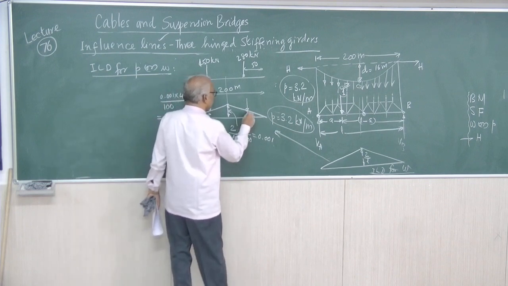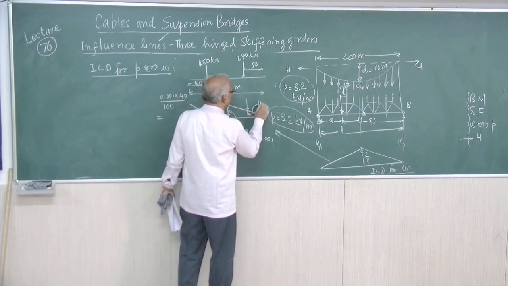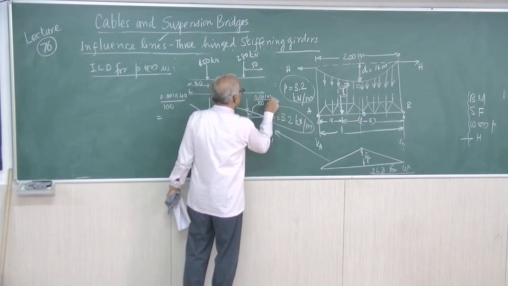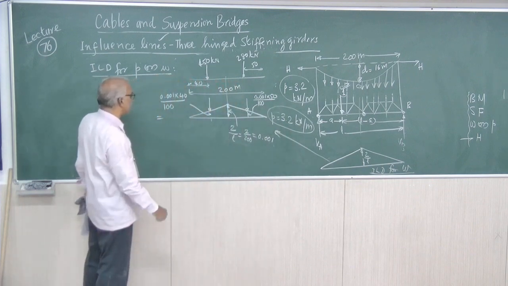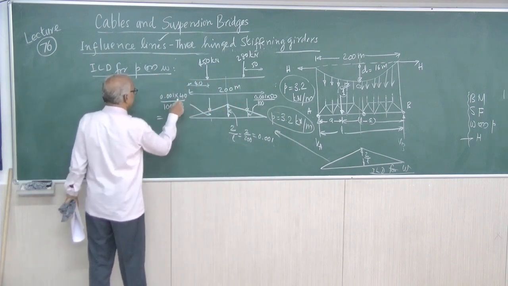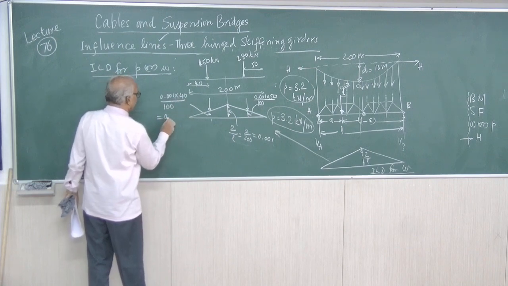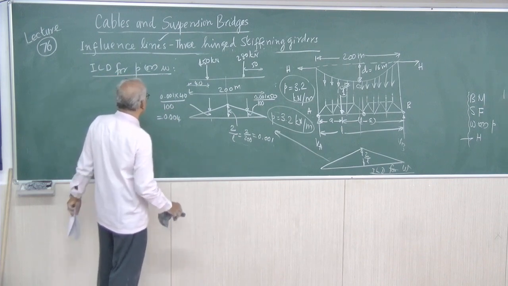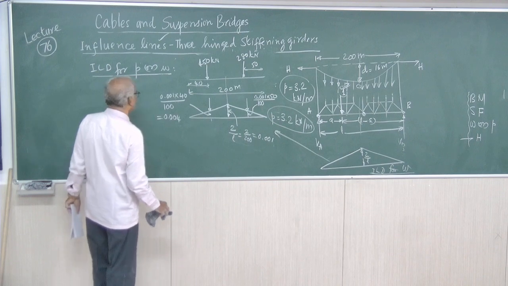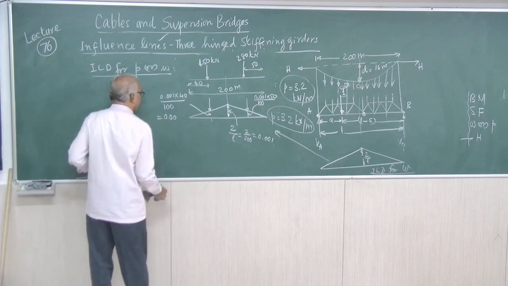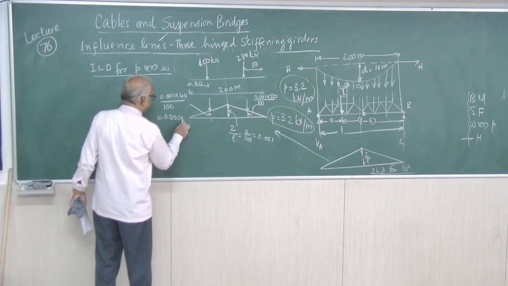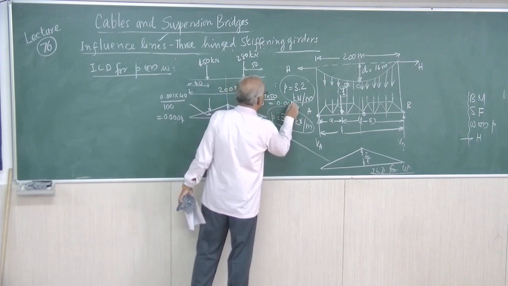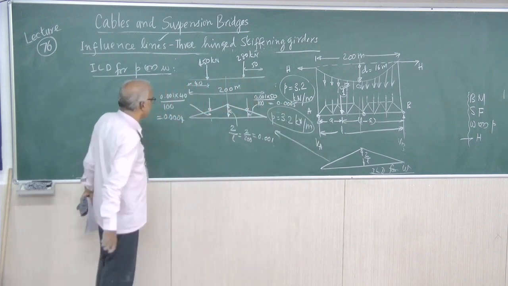Now here, this value will be for 100 from the right hand side, when this is 0.01 at the center, what is the value for 50? Therefore, this will be 0.4, therefore this will be 0.004. So 40 by 100 is 0.4. This will be 0.005.